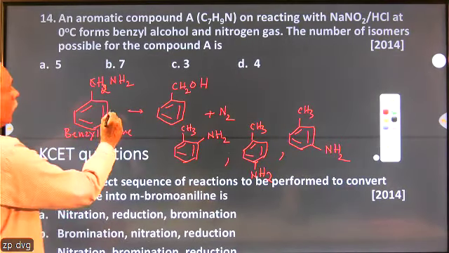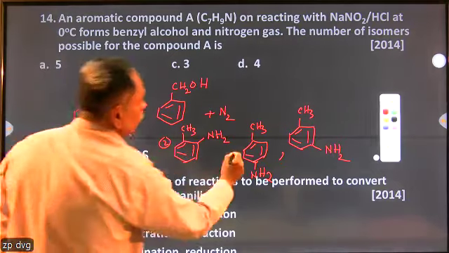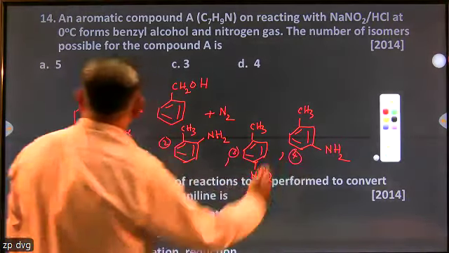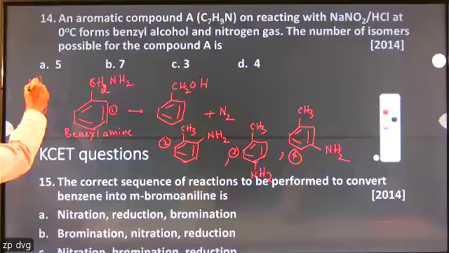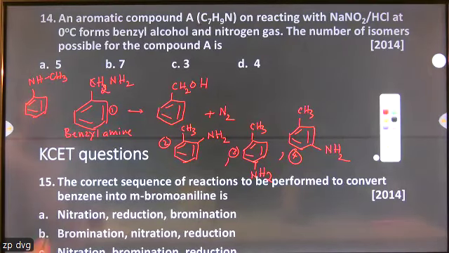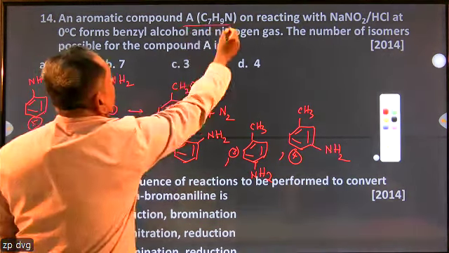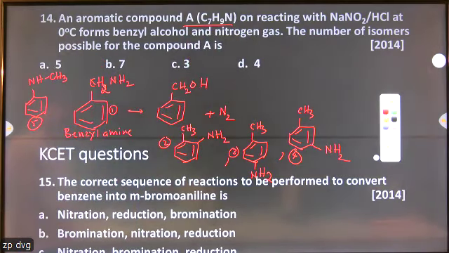So how many structures? 1, 2, 3, 4. And one more is possible, that you can write as NHCH3, N-methylbenzenamine. So totally, there are 5 isomers possible for this compound A, which is benzylamine. So the answer is A.